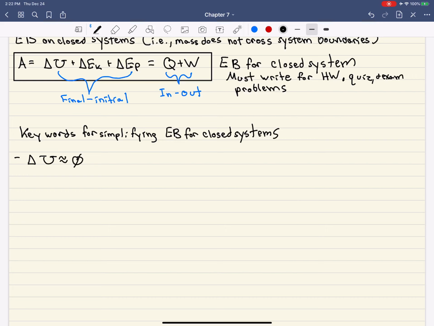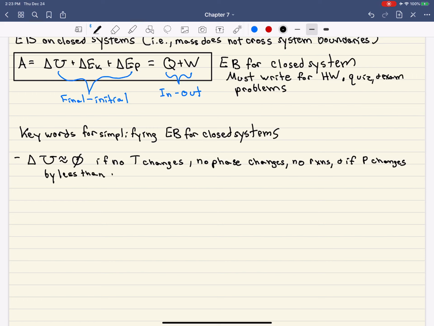A lot of times you could basically just consider your delta U term to be equal to 0 if there's no temperature changes in your system, or if there's no phase changes, no reactions, and if P changes by less than a few atmospheres. Okay?